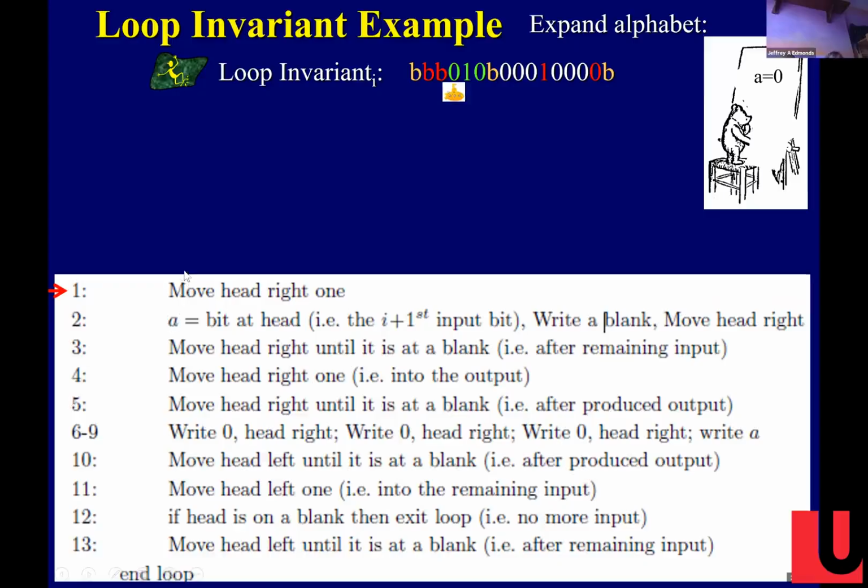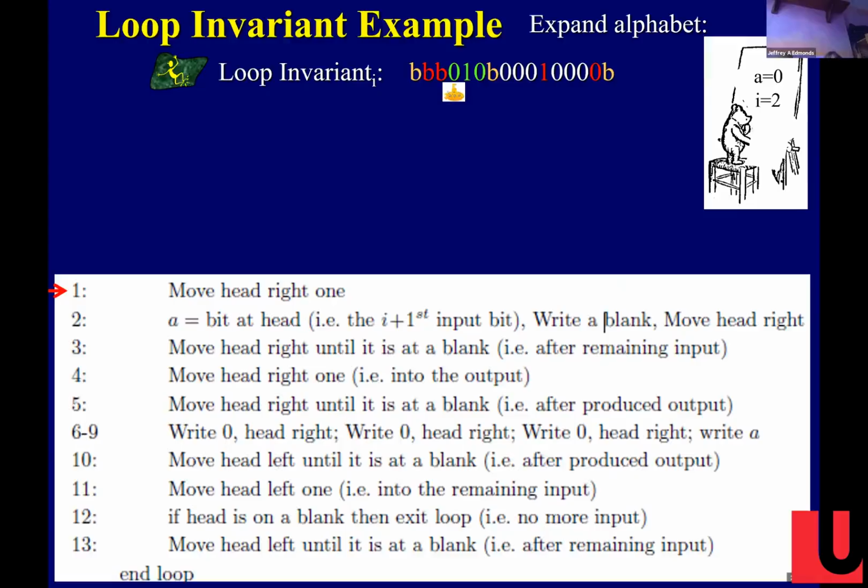I didn't have a variable A before, but now I have a new variable A, and I store it in my states, on my Pooh Bear's blackboard, right? So I've taken this value 0 and stored it on the blackboard. Then I'm going to write a blank where the head is, and I'm going to move the head right. So let's do that, right?